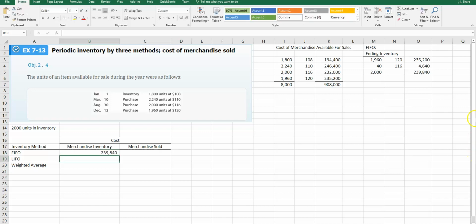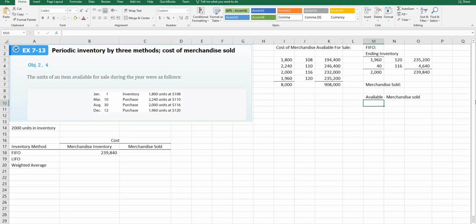So that is actually the answer for our merchandise inventory under the FIFO method, $239,840. Now that we have ending inventory, we can calculate the cost of merchandise sold. That's our next thing, merchandise sold. We know that our total amount available is the 908,000, and from the available amount we're going to subtract the ending inventory to get the cost of merchandise sold.